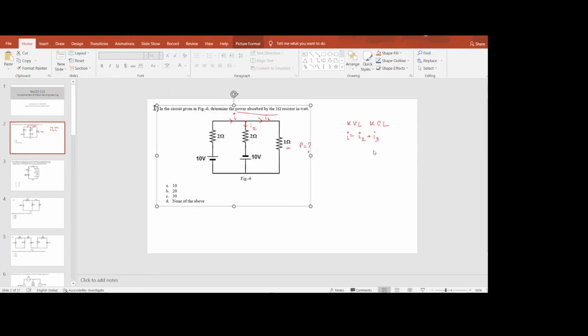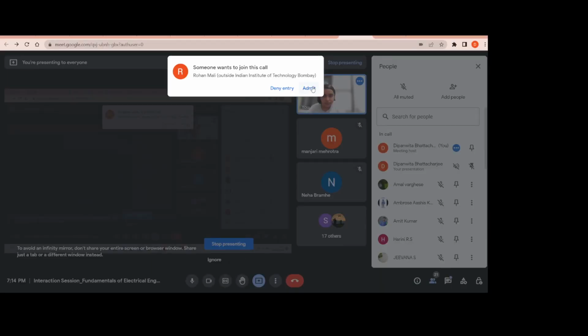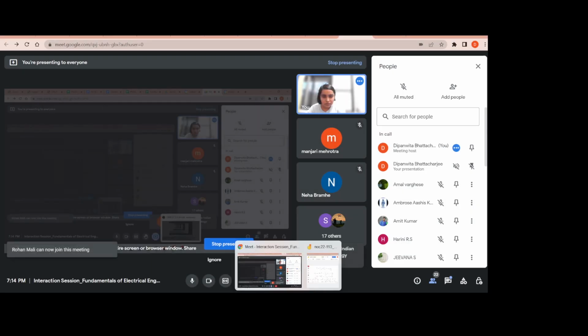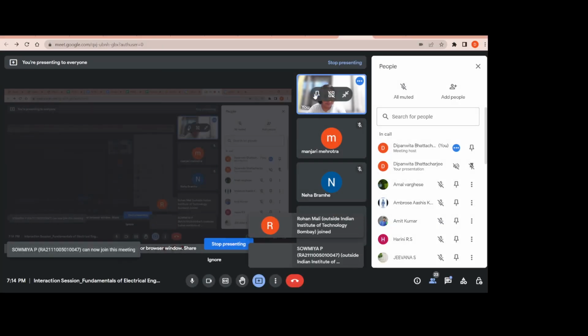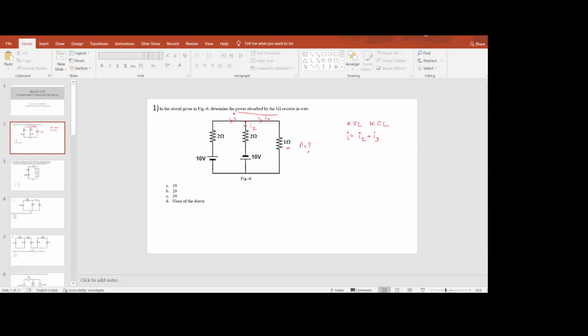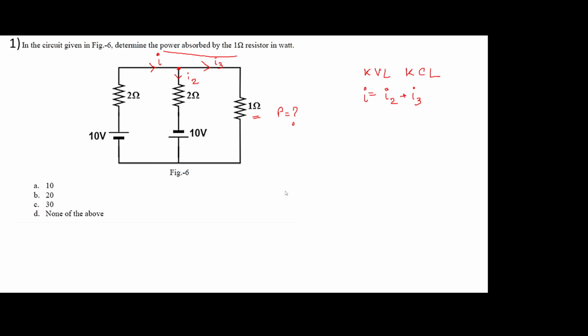I have told you how to solve it. Can you quickly solve it and let me know? So can you tell me what is the value of I3 here? Anyone can try it out.